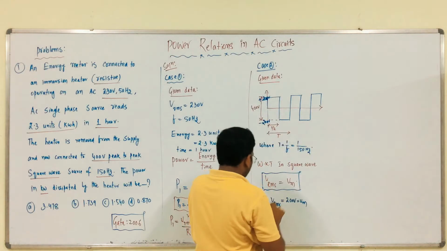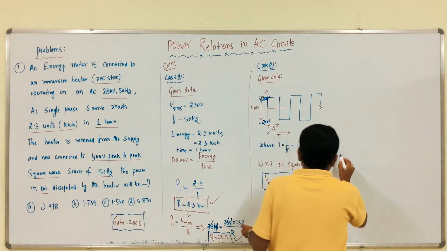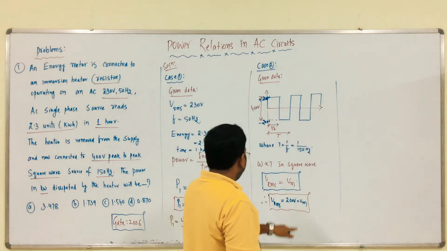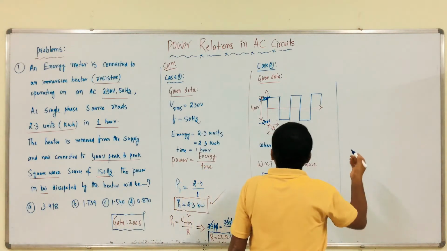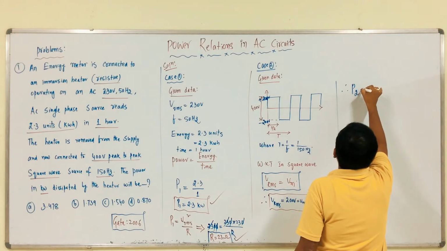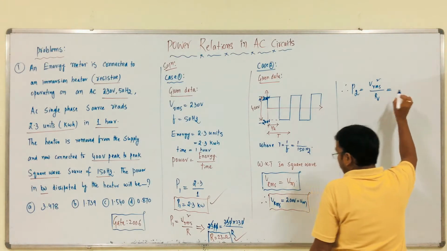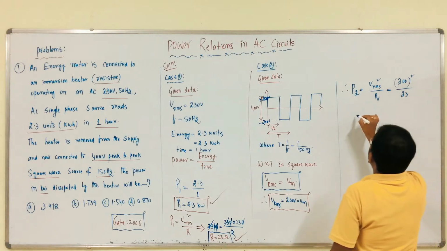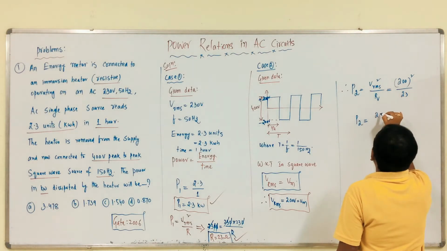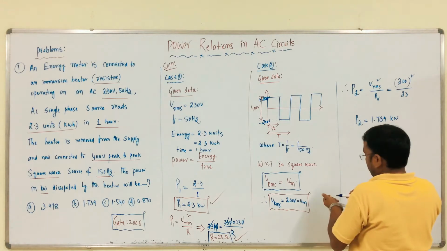Vm is plus 200, and the other level is minus 200. So, this value can be calculated from this square wave. Therefore, P2 equals Vrms square by R, which is 200 square by 23, so P2 equals 1.739 kilowatts.